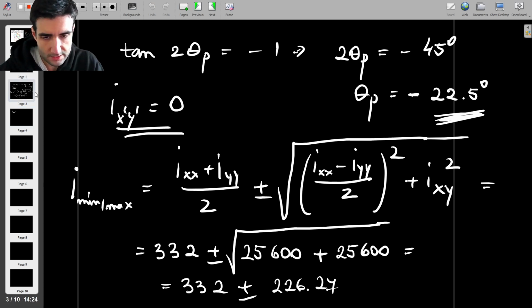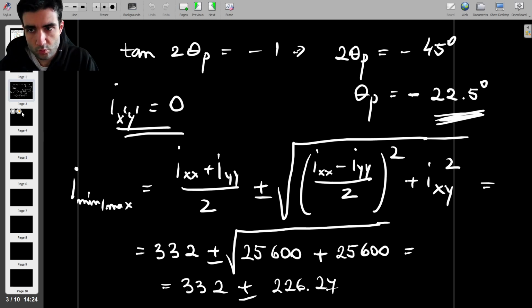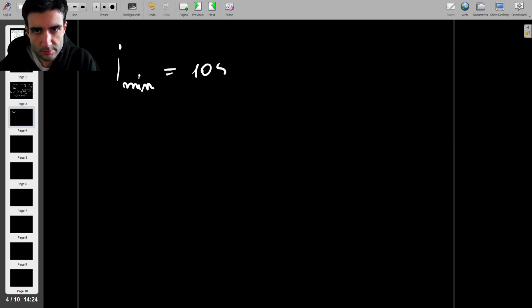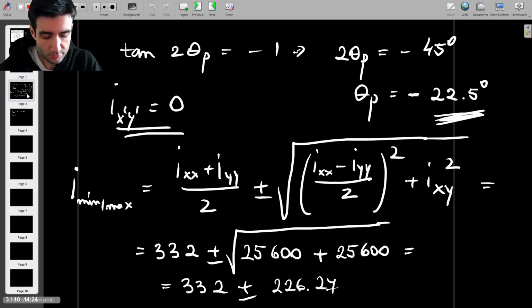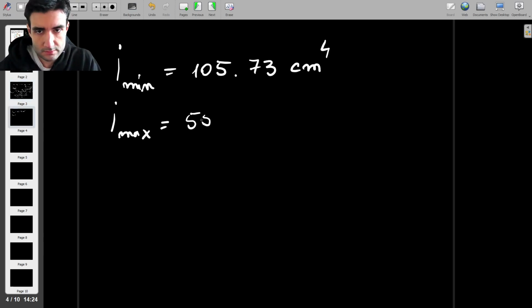Okay, so I min is 105.73. Remember, this is centimeters to the power 4, and I max is going to be 332 plus 226.27, so it's going to be 558.27 centimeters to the power 4.